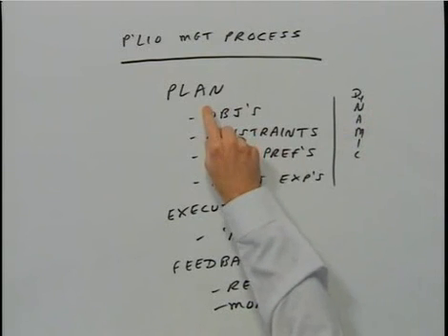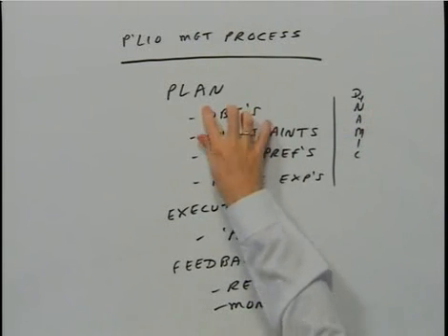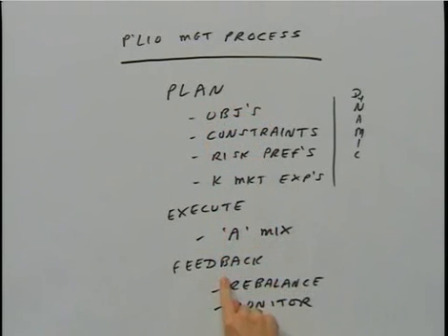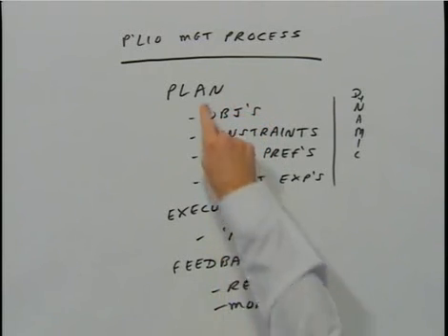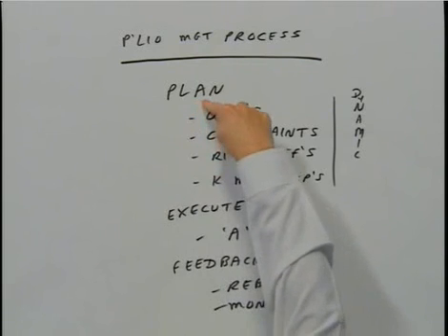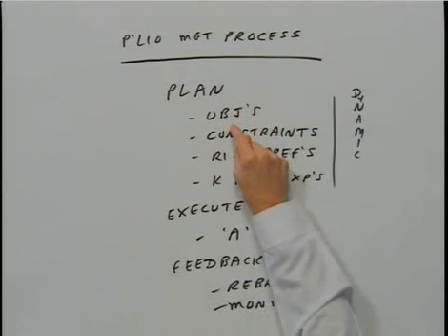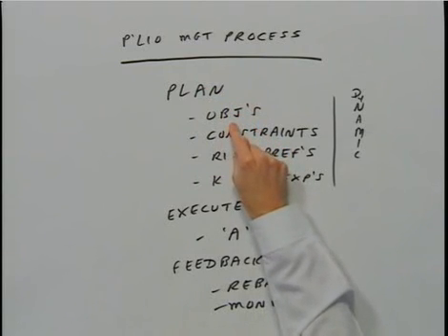Firstly, there's planning. Before we get into the details, let's just cover it at a high level. Planning, executing, and then feedback and monitoring. As part of the planning stage, investors, all investors, no matter who they are, are concerned about what they're trying to do. What are their goals? What are their objectives? What are they ultimately trying to get out of the management of their money, of their investment program?